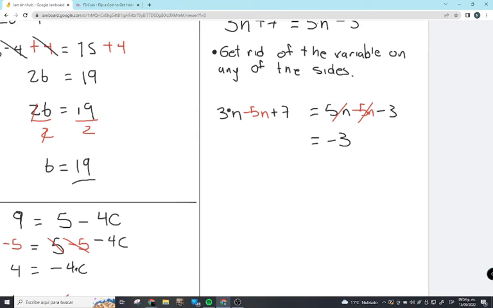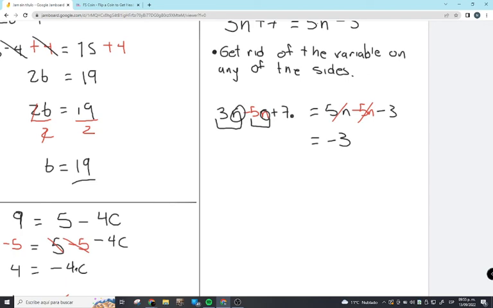And pay attention here. We have 3n minus 5n plus 7. When you're working with mathematical expressions that include variables, there's a really important rule that you always have to follow: you can make operations between like terms, but not unlike terms. What do I mean by all of this? It means that I can make operations between 3n and 5n because they have the same variable, but I cannot make operations between, let's say, 5n and 7, because the 7 doesn't have the same variable.